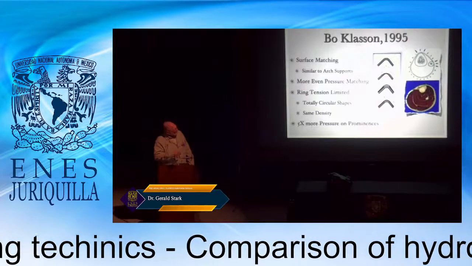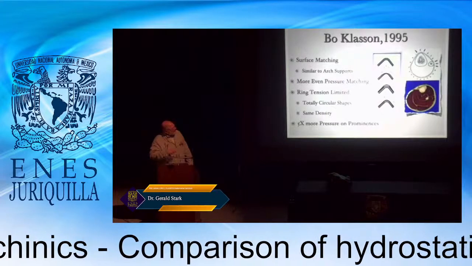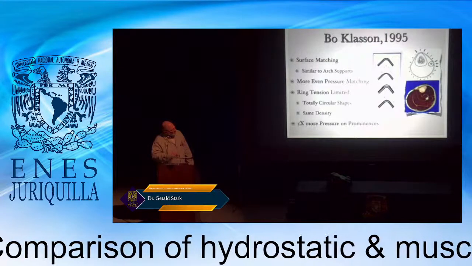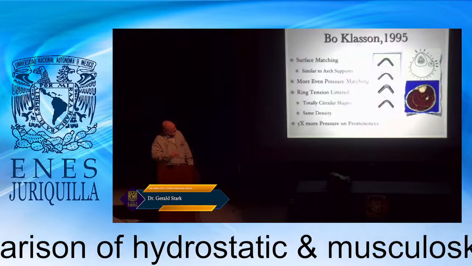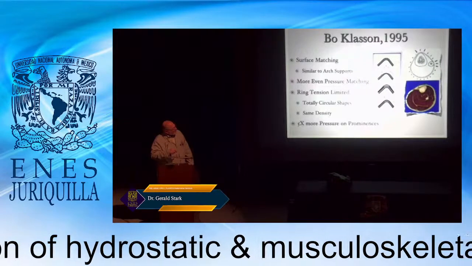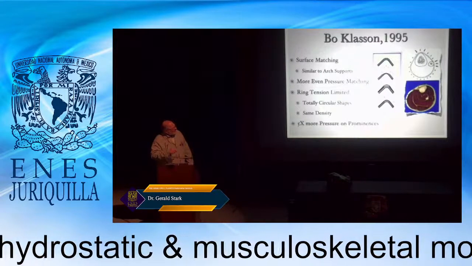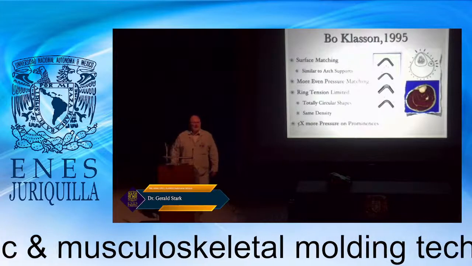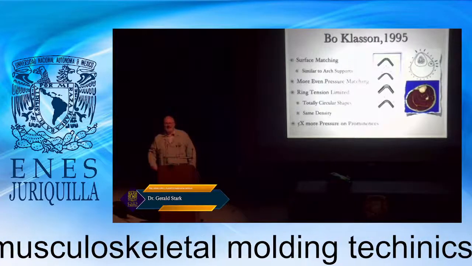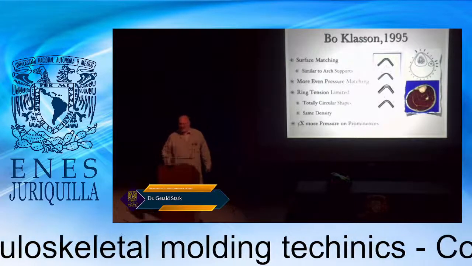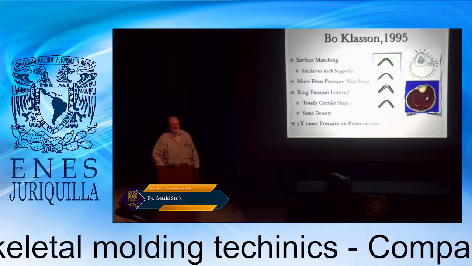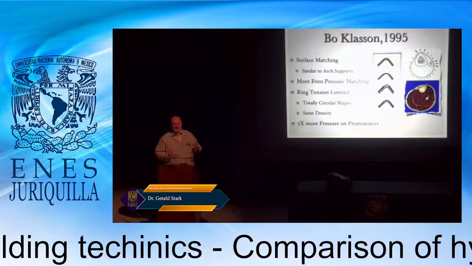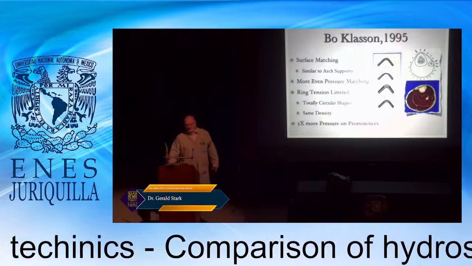So if you think of this as the fibular head, if you were to apply even tension all the way around the tibia, and this is a transverse view of the mid shaft of the tibia, you actually load with the hoop stresses 5 times more on the pressure prominences. So that's why someone who totally uses hydrostatic methods, their fibular head actually hurts quite a bit, as well as the anterior distal tibia, and they'll ask for some relief. So the thing is, you really need to match this surface.